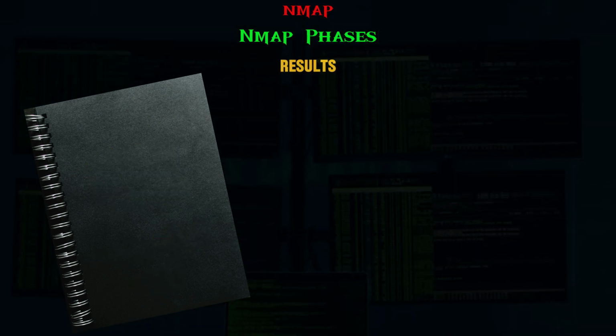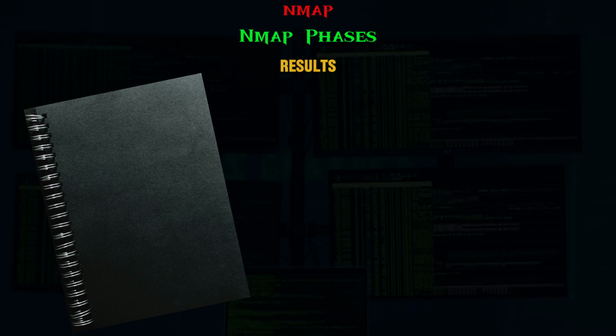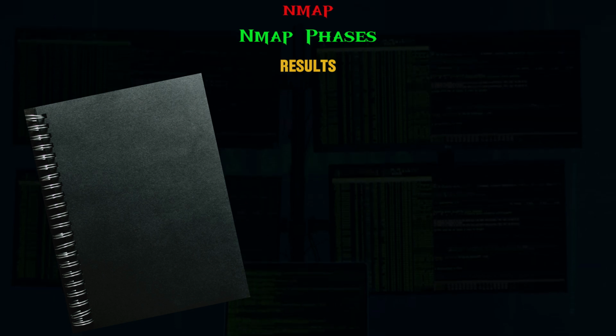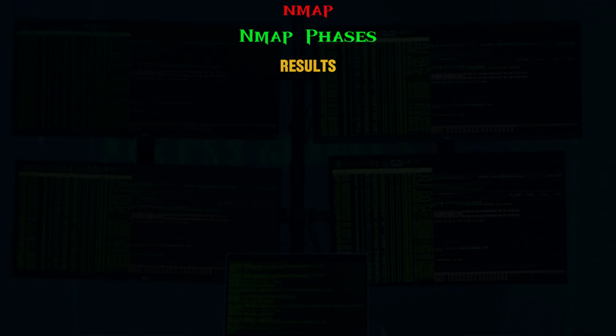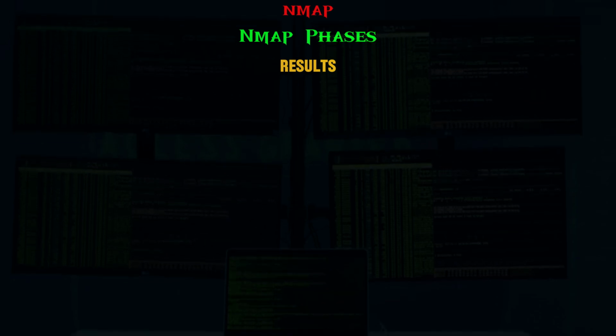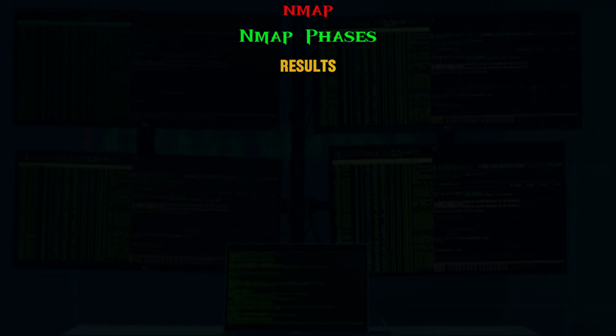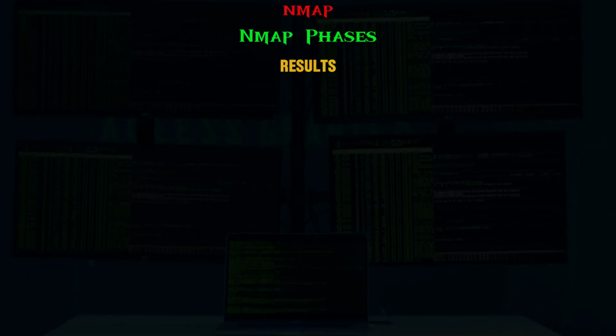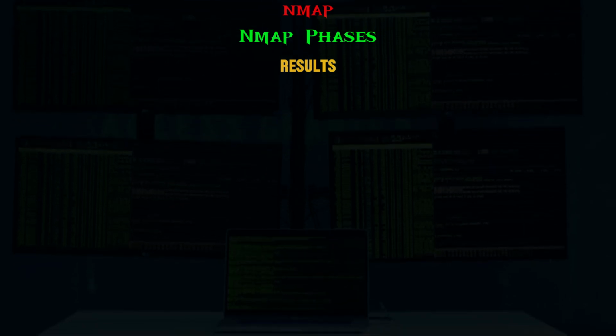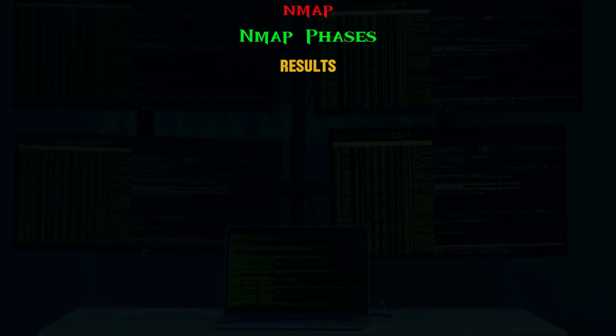Phase number 10 is results. Once all of the previous phases have successfully executed with the options that you selected, it will then display the results of its findings. These results can be displayed either directly to the terminal or command line, or can be printed out to a file, if that is what you specified before running.